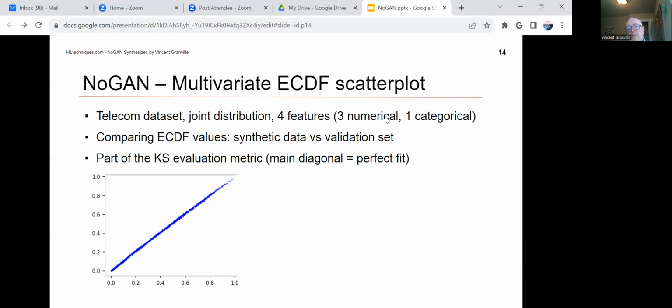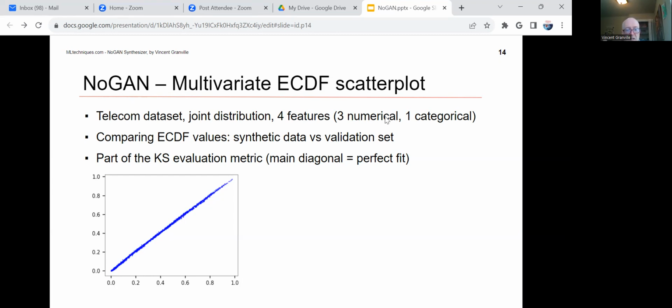Actually, the Kolmogorov-Smirnov distance is based on the ECDF, which is the empirical distribution function. In Python, there is a library called ECDF, and actually I added an ECDF library into Python for the multivariate case, because the standard Python library works only in 1 dimension.